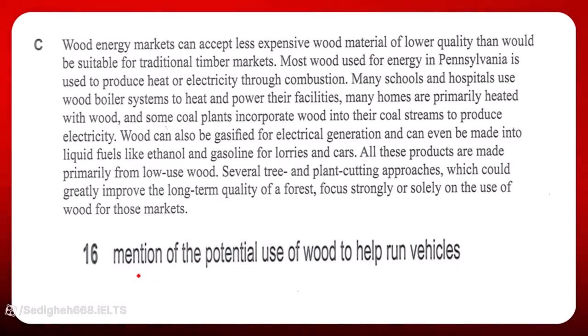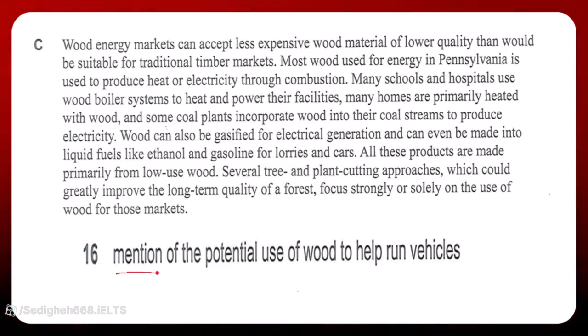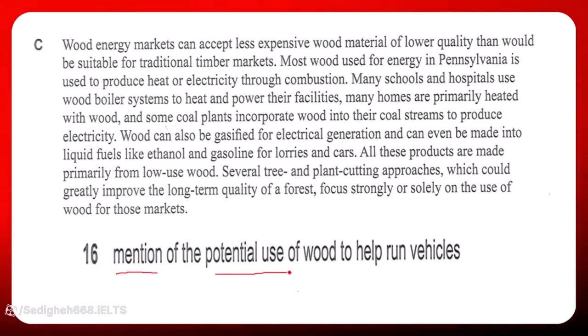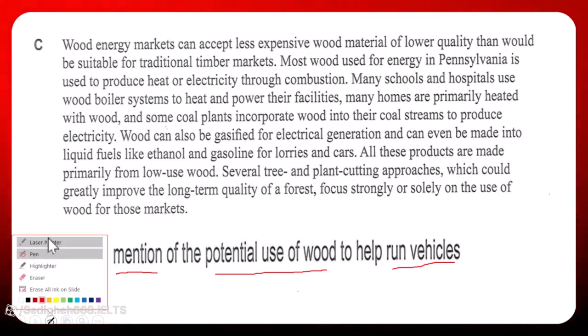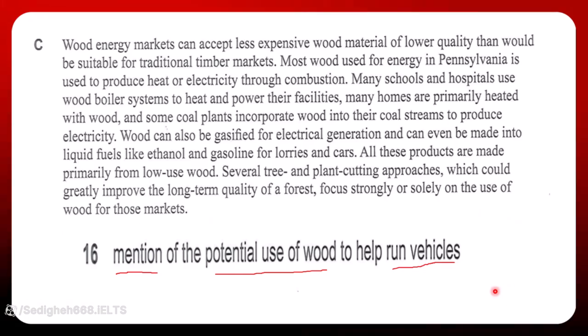Mention of the potential use of wood to help run vehicles. So the keyword is the potential use of wood to help run vehicles. So here we have to look for some information about transport or different types of vehicle.